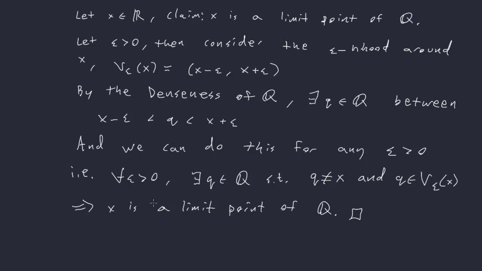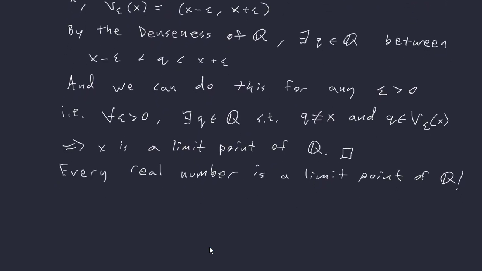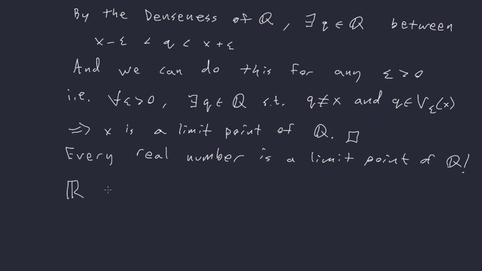So this means every real number is a limit point of Q. All right, so what this actually means is that the reals actually end up being Q, and then we would just union all of the limit points of Q. So this would be Q union L, where L is the set of all limit points of Q.